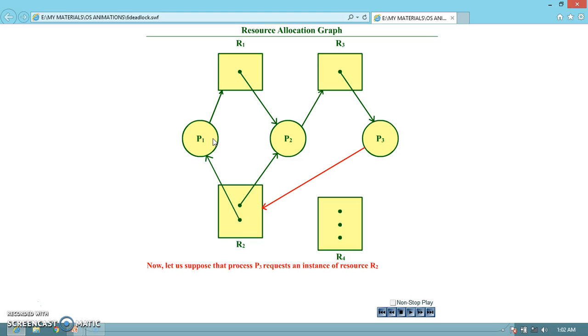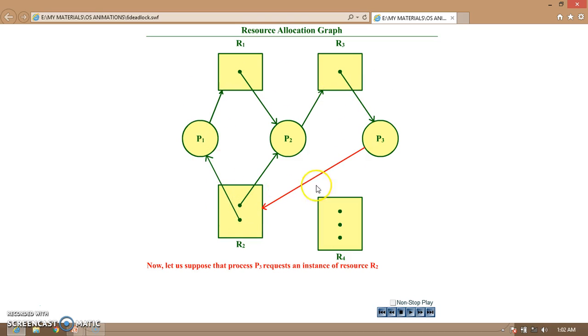So in this case, all three processes P1, P2 and P3 are in a waiting state. Process P1 is waiting for resource R1, process P2 is waiting for resource R3, and process P3 is waiting for resource R2. So this is a cycle.